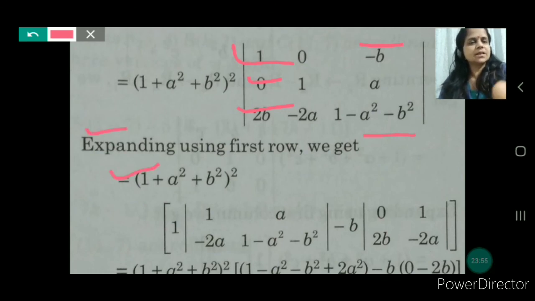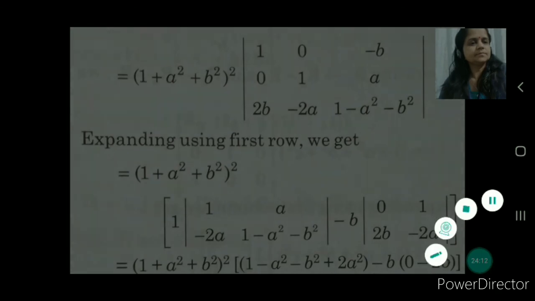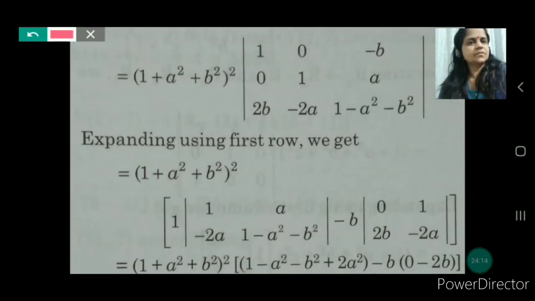You will get 1, and the first row, first column will be eliminated, giving 1, a and minus 2a, 1 minus a square minus b square, and with minus b. Again the first row, first column will be eliminated, and you will get 0, 1, 2b and minus 2a.